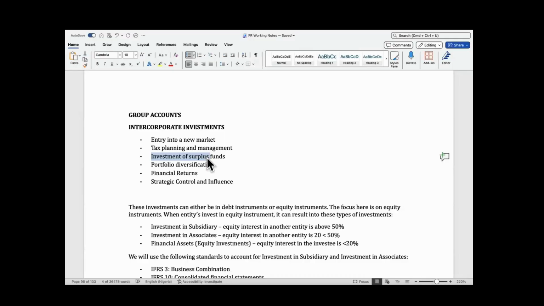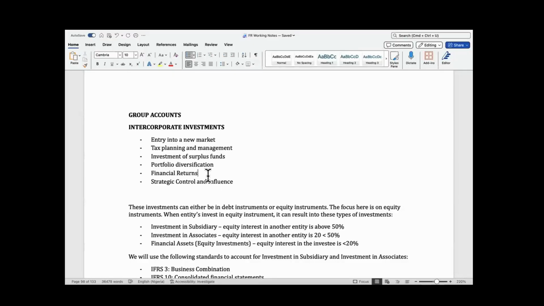They want to have a balanced portfolio so that they can decrease their alpha or beta risk to a significantly reduced level. They want to decrease their exposures, so portfolio diversification. Some is just for financial returns. They want to get interest, they want to get dividends periodically, so they invest for that purpose.